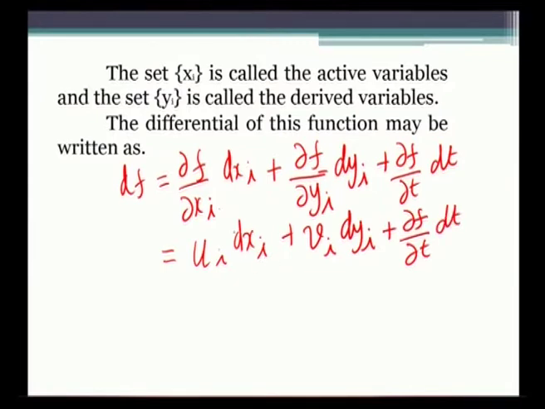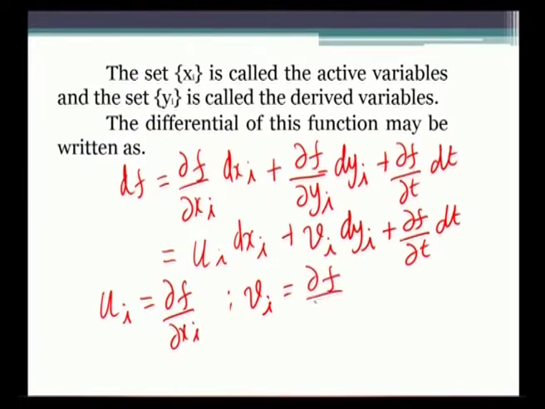Here u_i is taken as partial f by partial x_i, and v_i is taken as partial f by partial y_i. This is how u_i and v_i are defined. Now, the prime aim of this Legendre transformation is to change the set of variables from one coordinate system to another coordinate system.